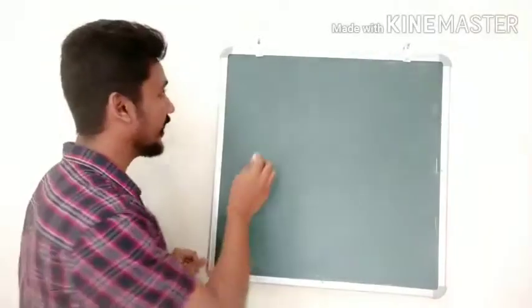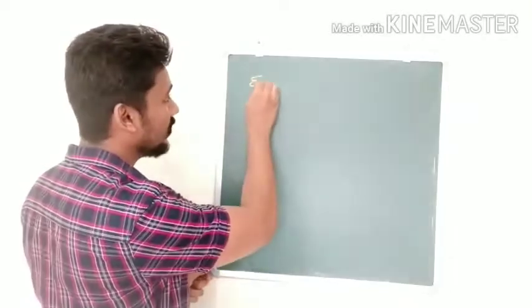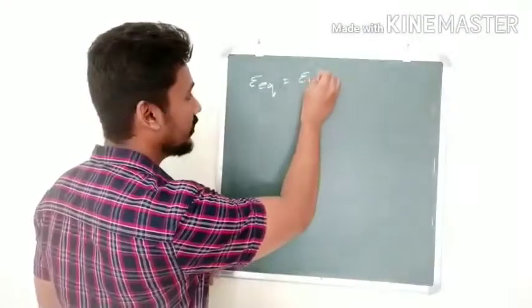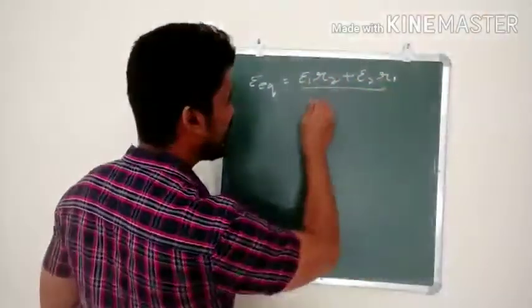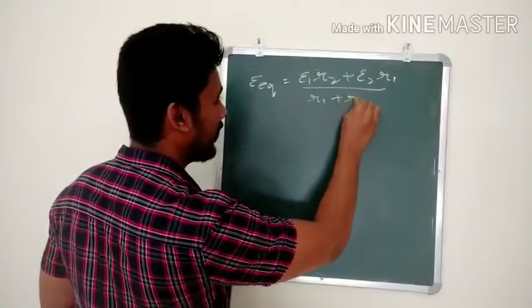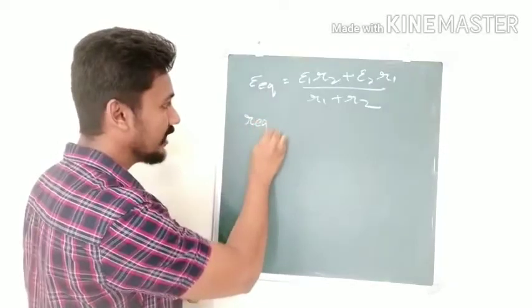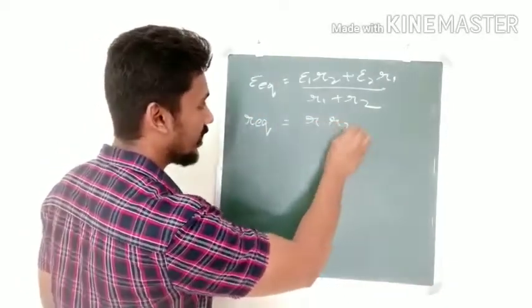So what we understand is, when two cells are connected in parallel, the equivalent EMF is given by (E1 R2 + E2 R1) / (R1 + R2), and the equivalent internal resistance is given by R1 R2 / (R1 + R2).